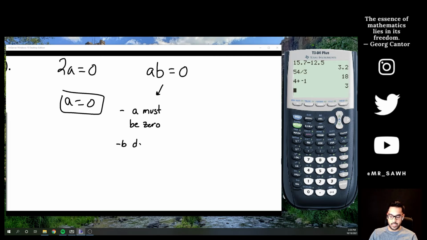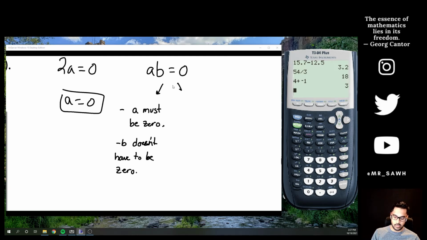B doesn't have to be. It could be, but it doesn't need to be. If a is already 0 and b is something like 5, well, 0 multiplied with 5 is 0 anyways.